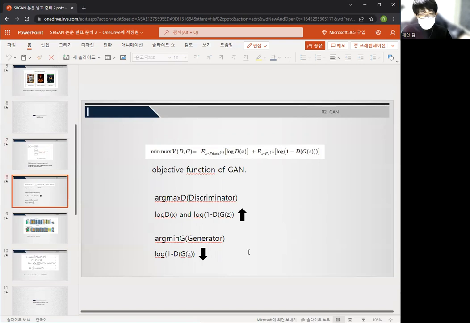G also finds a value that minimizes log(1 - D(G(z))) to minimize the total function value and maximize D(G(z)) at the same time. Therefore, the discriminator D is trained using the objective function of these two terms.